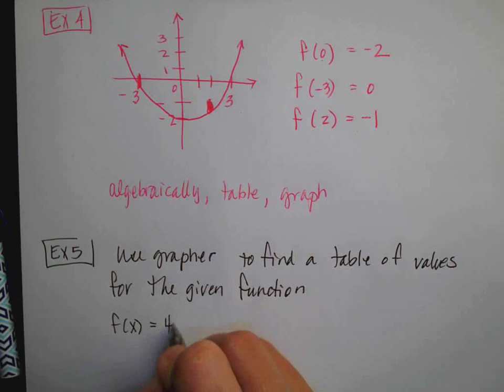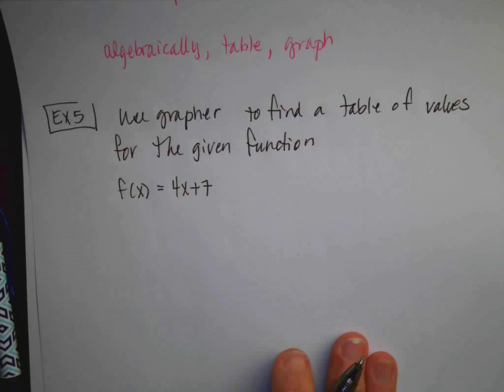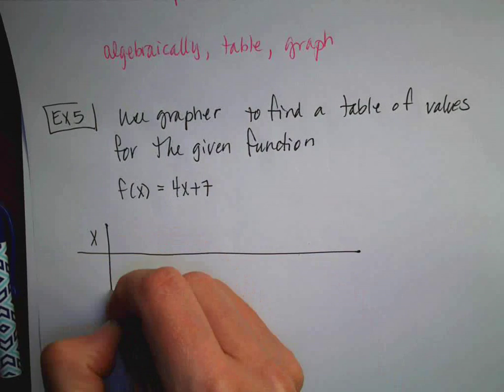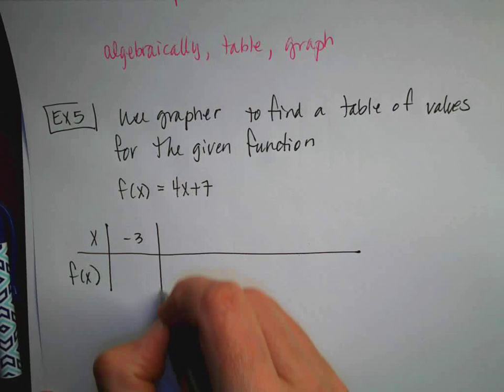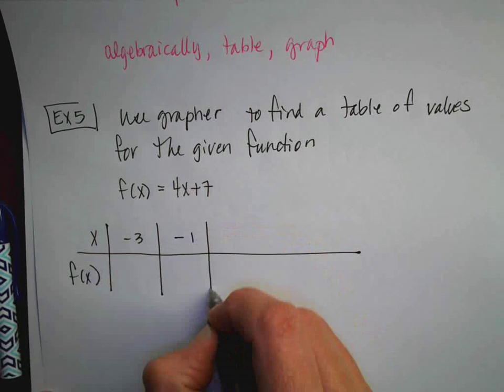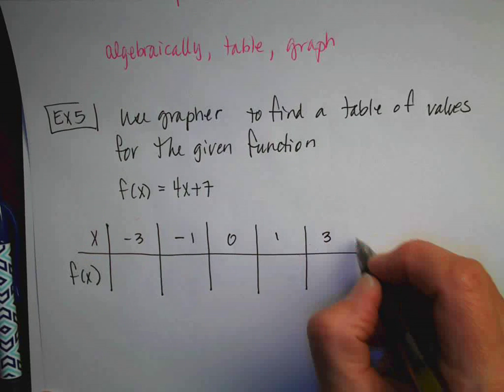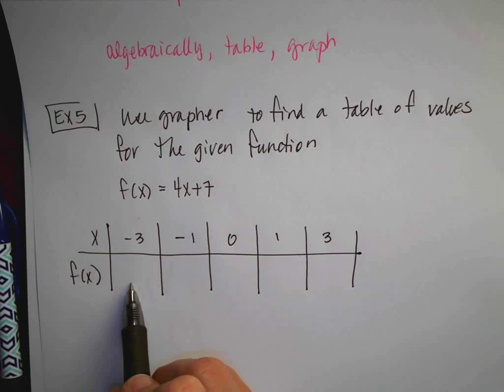So we're going to be given that f of x is equal to 4x plus 7, and I'm going to be given an empty table. So here's my x, here's my f of x, and I have a -3, a -1, a 0, a 1, and a 3, and the directions would say fill in the table.